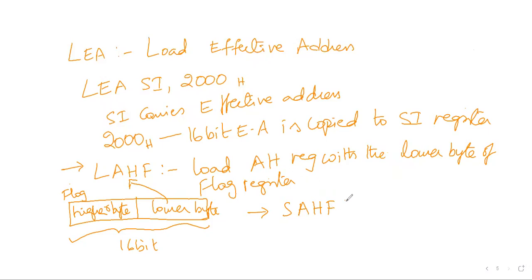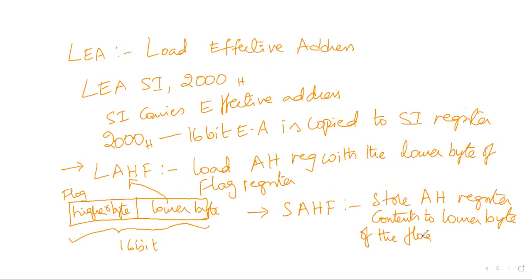SAHF means store the AH register contents into the lower byte of the flag register. Again, this is the lower byte and this is the upper byte. Here AH register contents are stored into the lower byte of the flag register, whereas in LAHF the lower byte of the flag register is copied into the AH register.